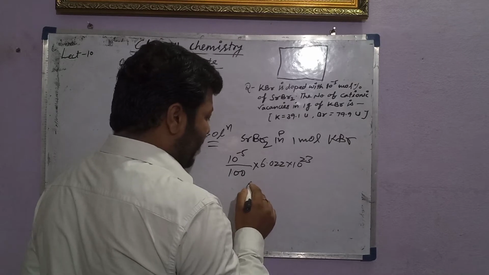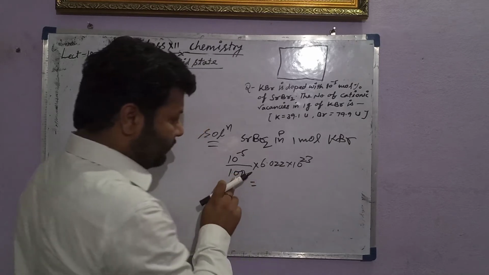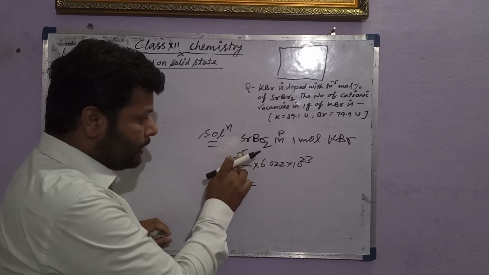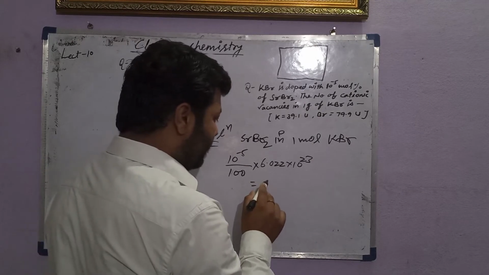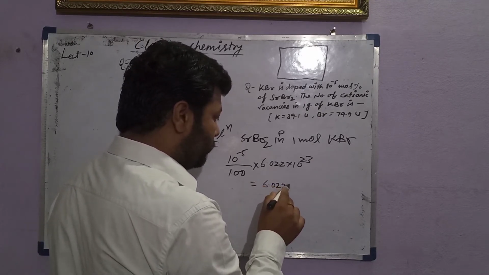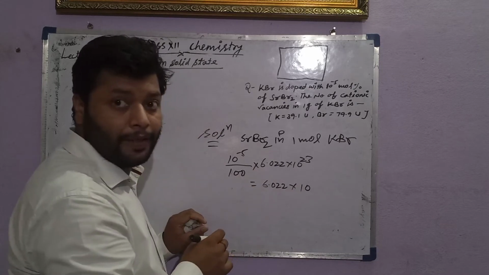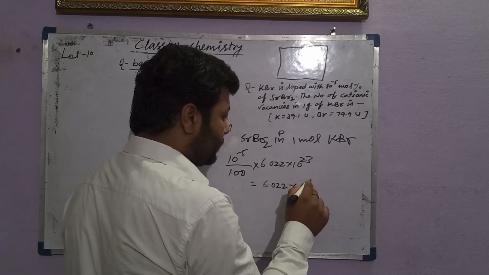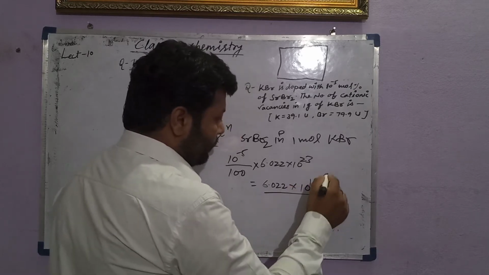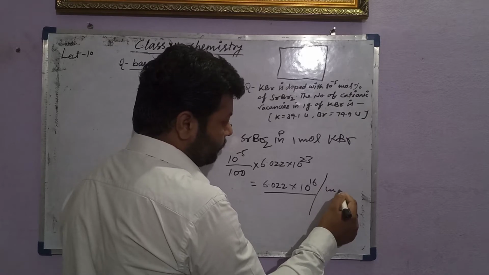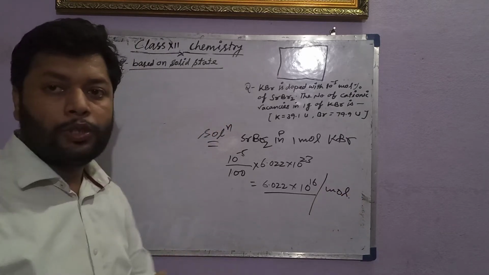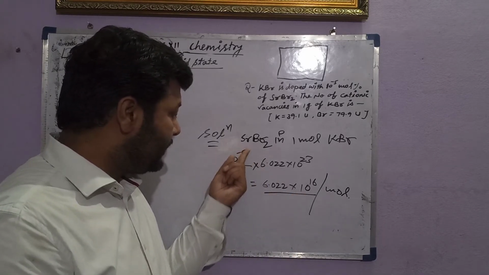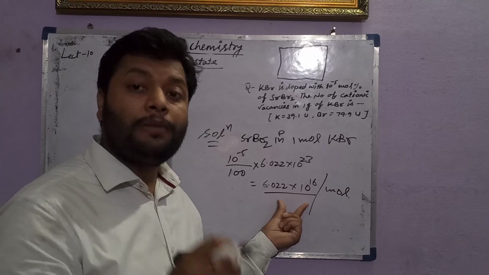With the 100, 10 to the power minus 5 over 100 gives 10 to the power minus 7, so the value will be 6.022 times 10 to the power 23 minus 7, which gives 10 to the power 16 per mole of KBr. So 1 mole of KBr has this much strontium bromide as an impurity.